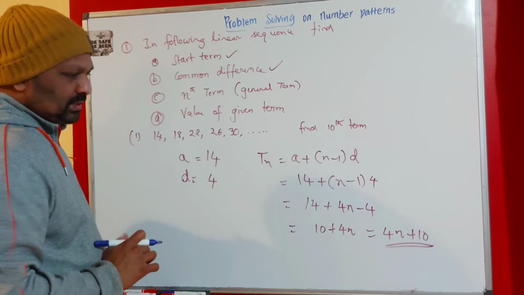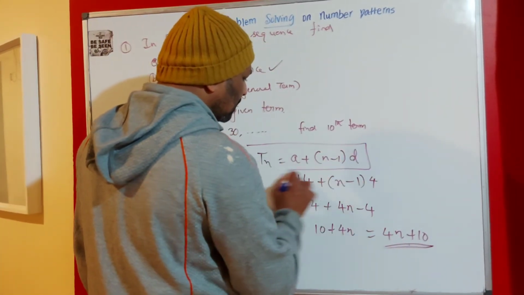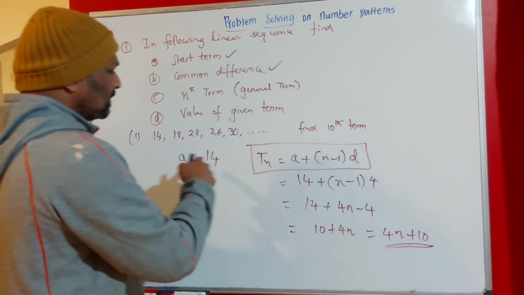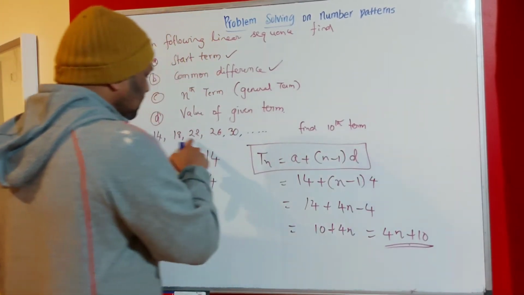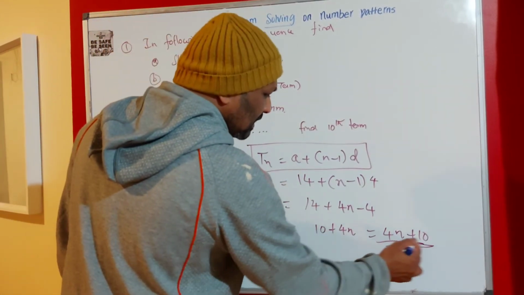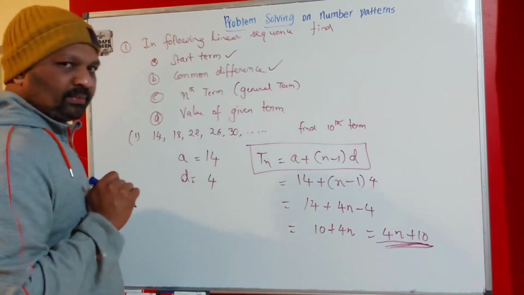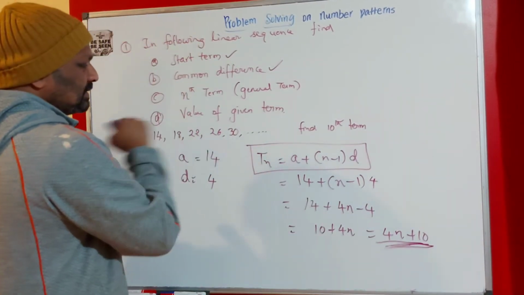The formula for the general term is this one, but you don't say that this is the general term for this series; this is just a formula. In this series, you know A and D, which is why you substitute them and find an expression that has only n in it. That is the general term for this series.